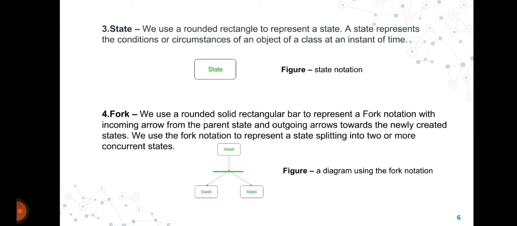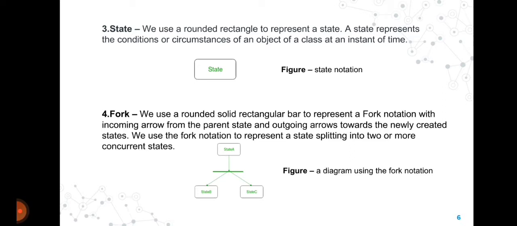Okay. Next one is fork. We use the rounded solid rectangular bar to represent a fork notation with incoming arrow from the present state and outgoing arrows towards the newly created state. We use the fork notation to represent the state splitting into two or more concurrent state.